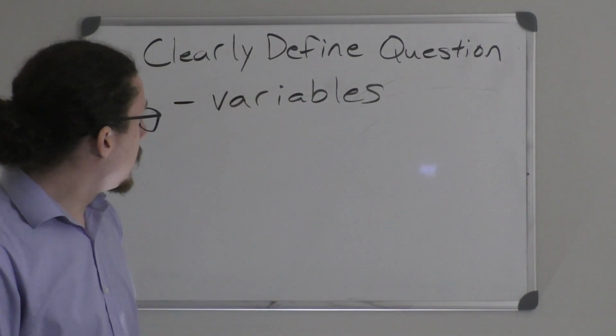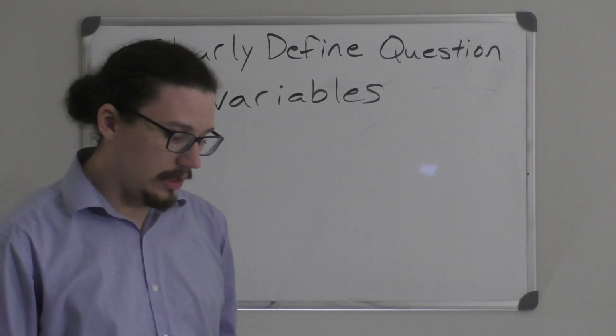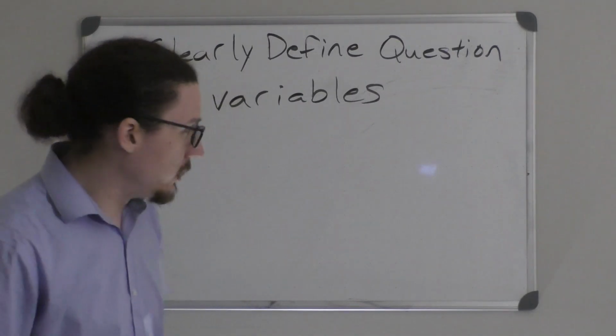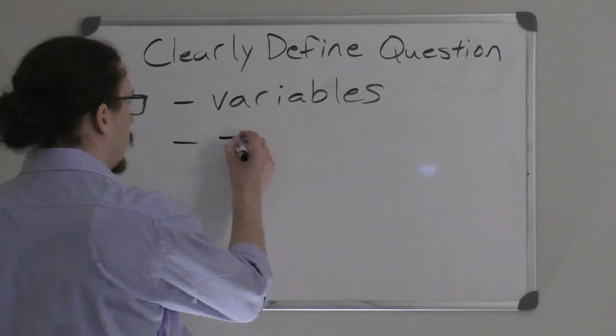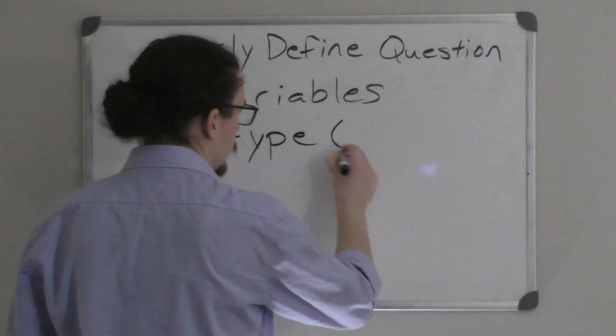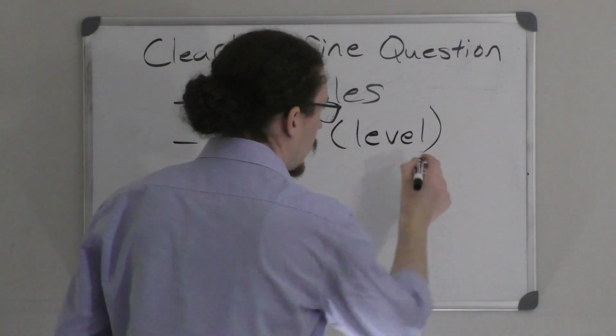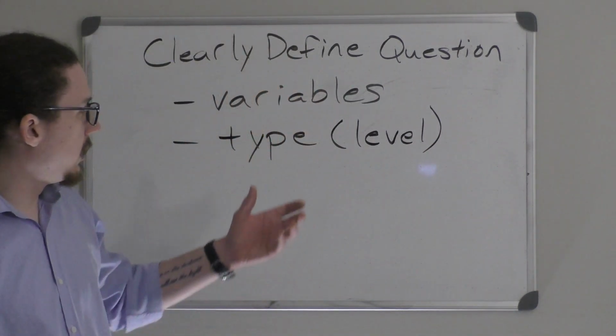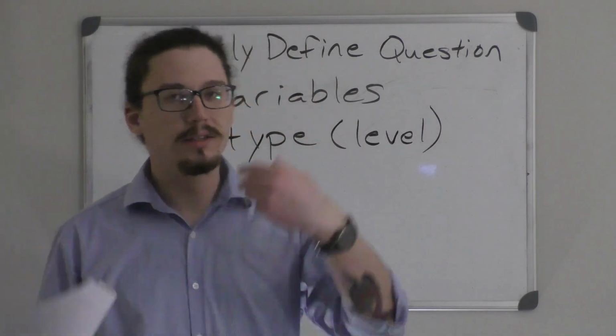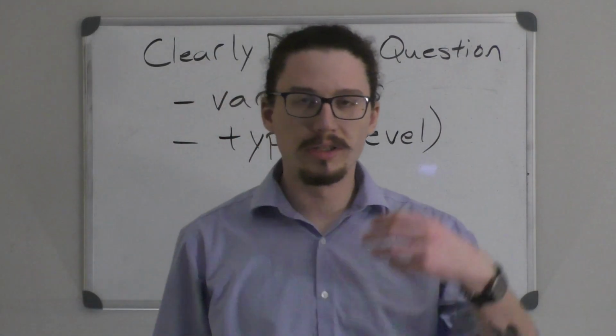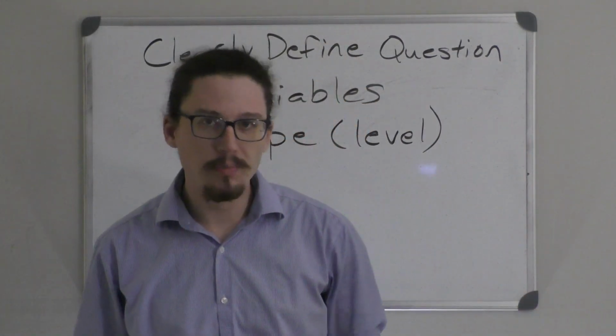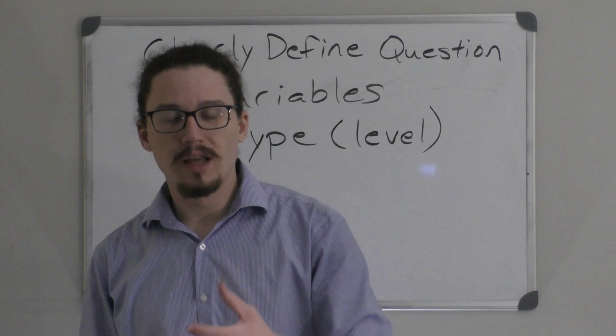The next reason is because the question is going to determine the level or the type of data. I put level here; this is talking about the level of measurement I mentioned at the top of this video.